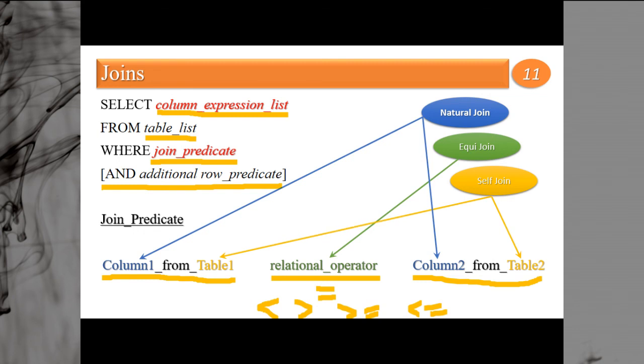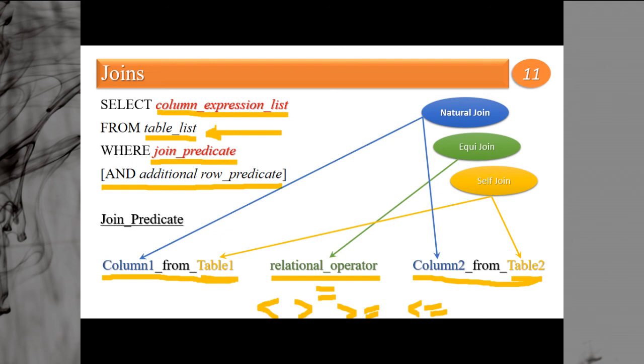In self join, you have to remember the table. If table 1 and table 2, where do we refer to the table? We refer to the table at this particular place. This is the list of the tables. If table 1, table 2, table 3, table 4, say table 1 and table 2, the two tables in the join are the same.